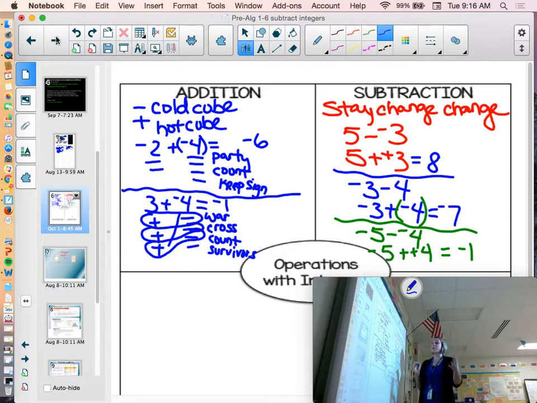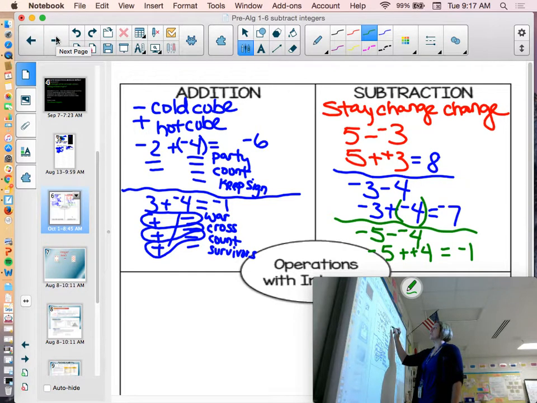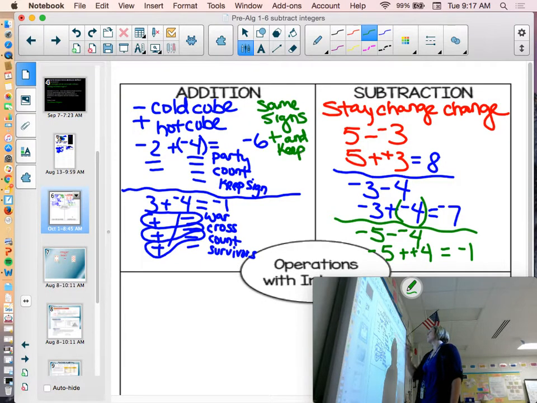Also, we learned a song yesterday that you may want to write in your notes. I'll write it in a different color. It was for addition. Same signs, add and keep the sign. Different signs, subtract.